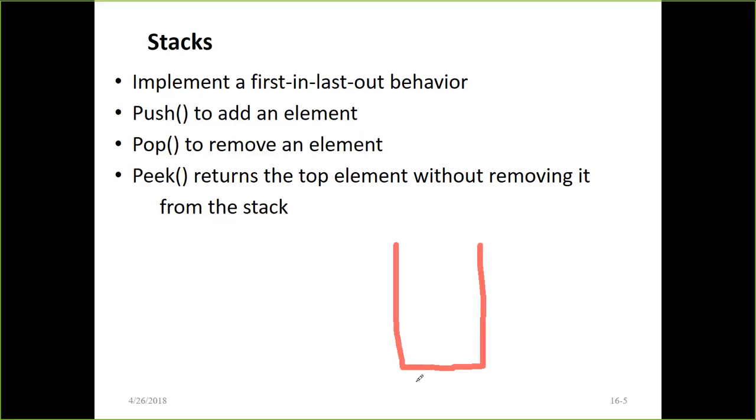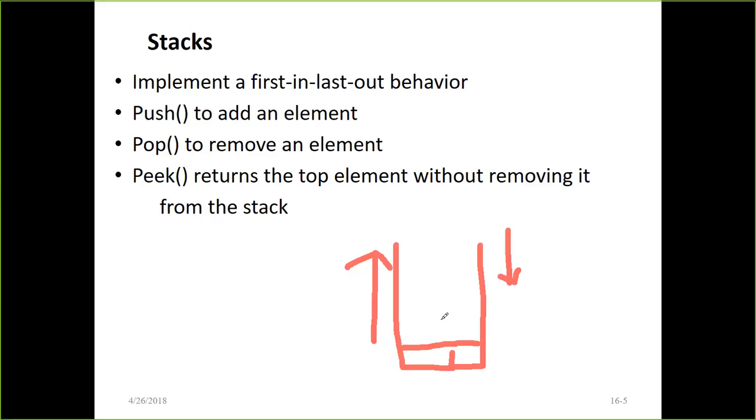One end, the bottom, is closed. So there is only one way to enter and only another way to exit. The item you enter first goes all the way to the bottom.